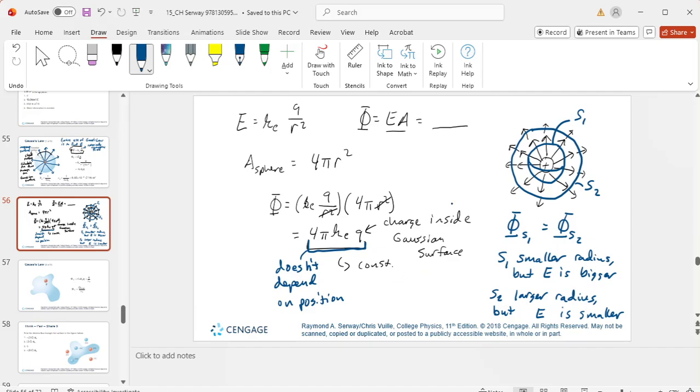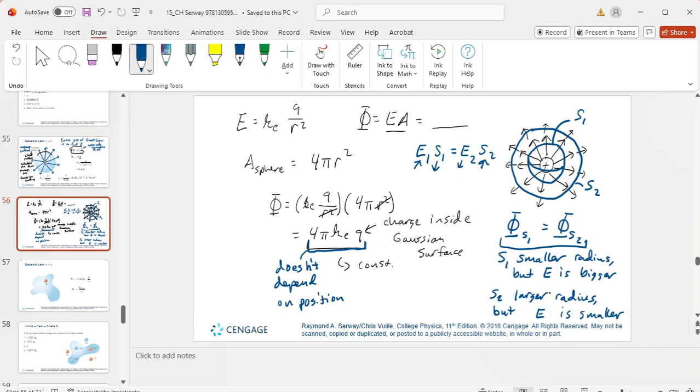So in one case, I have a larger field, but I have a smaller radius of my sphere. And at the second sphere, the field has a smaller magnitude since it's further from the charge, so my field will be smaller, but my sphere will be larger. And so these two effects exactly cancel out to produce the same flux.